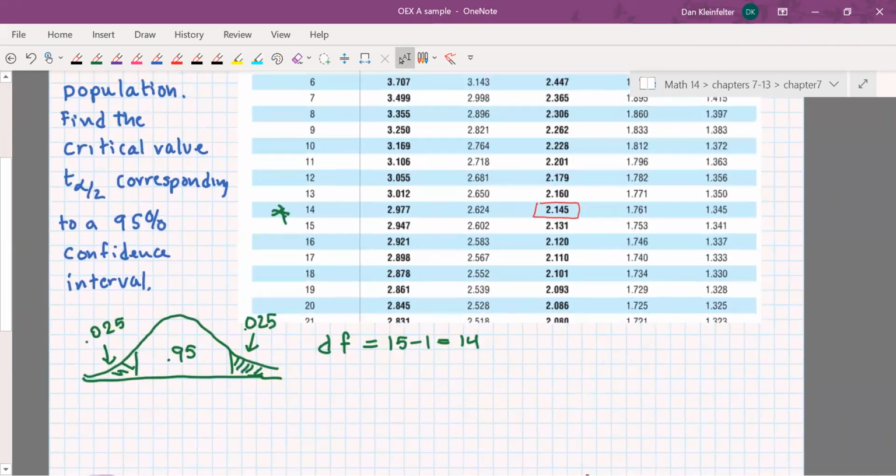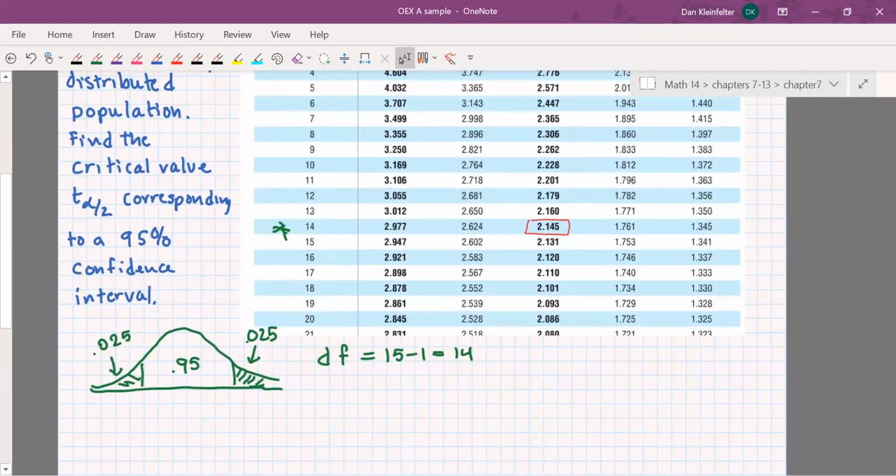And so what is in the body of the table is the cutoff. So this will be 2.145. And then using symmetry, the other one will be negative 2.145. So unlike the z distribution, what you're finding in the body of the table is cutoffs, is critical values.